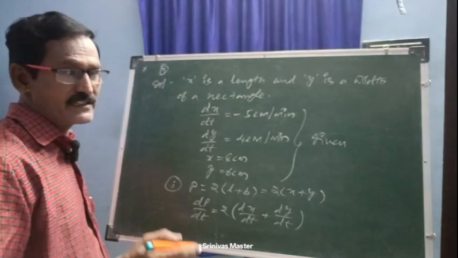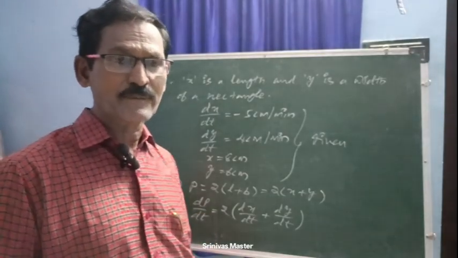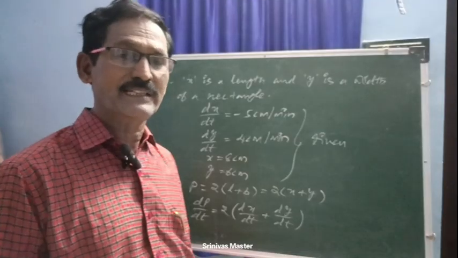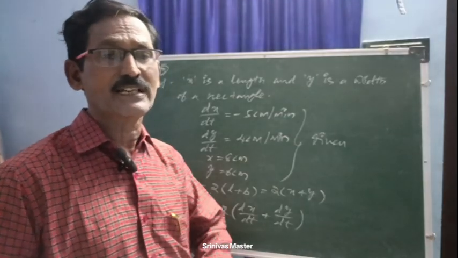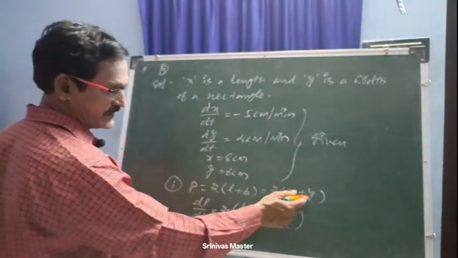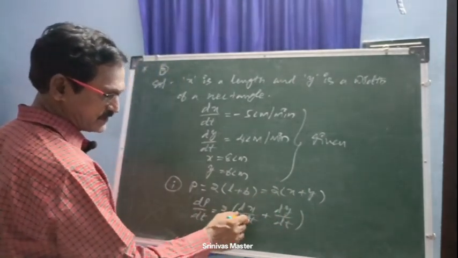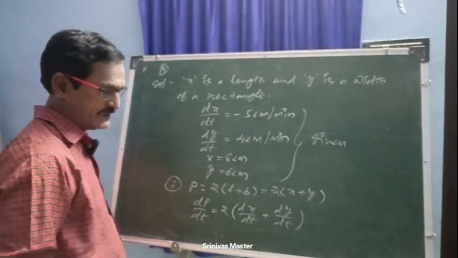According to the general derivative formula, derivative of u plus or minus v means u dash plus or minus v dash. Both are applicable with respect to addition and subtraction. So you applied the derivative to both: x derivative with respect to t means dx by dt, y derivative with respect to t means dy by dt.